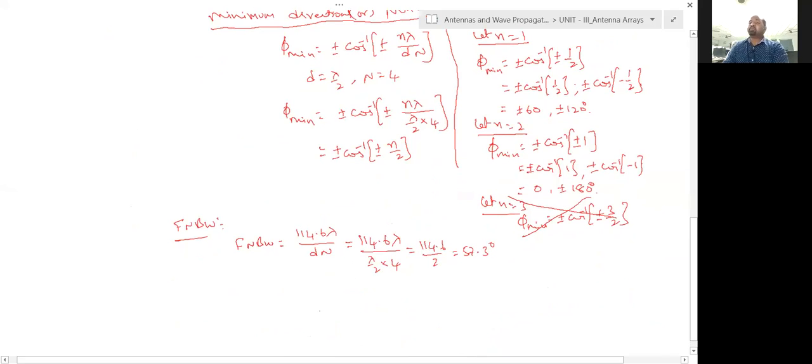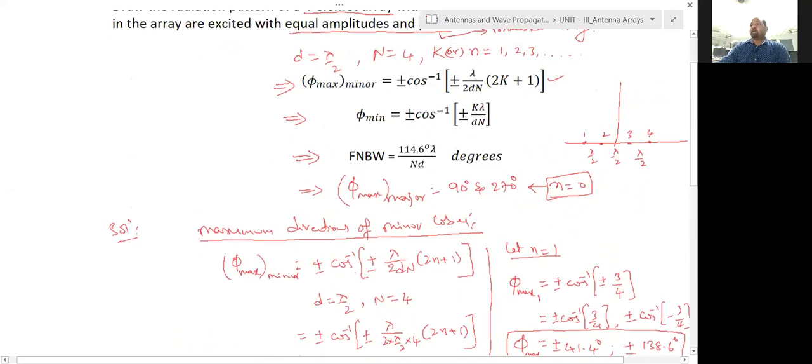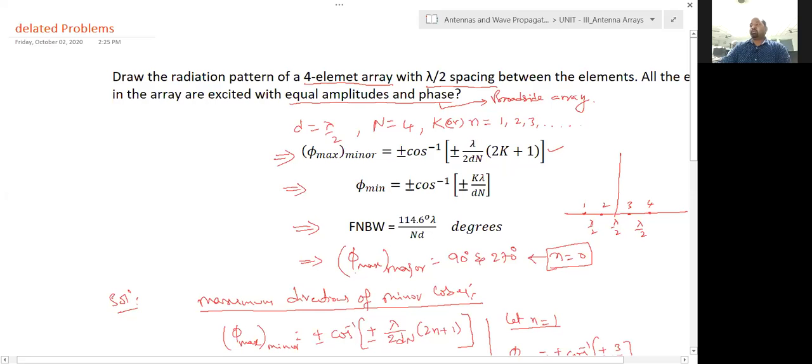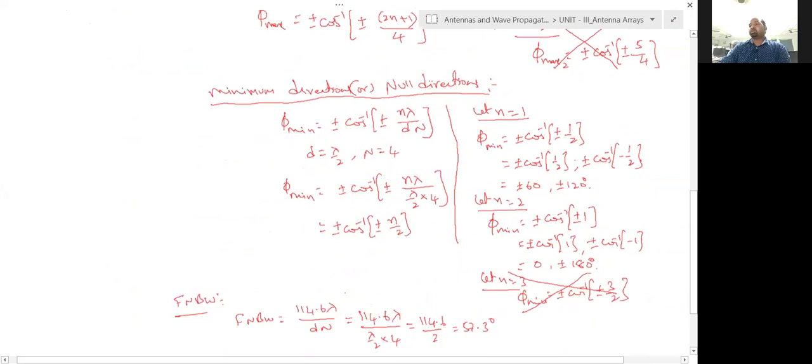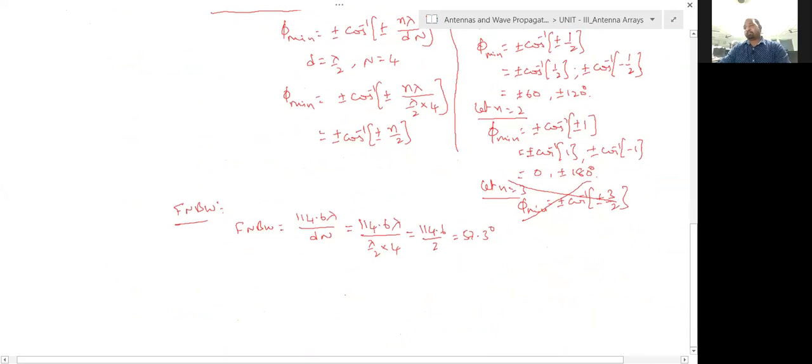So the first null beam width is 57.3 degrees. These are all the possible values we get from the given problem using the formulas.